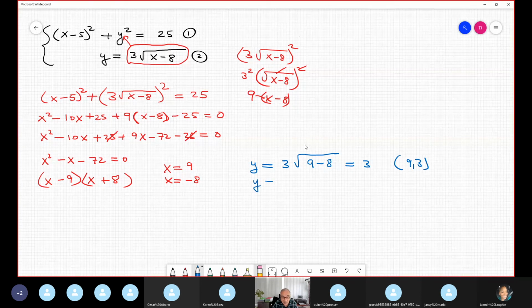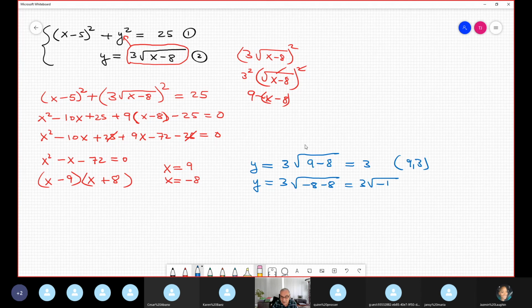And the second is y equals 3 times square root of negative 8 minus 8. Wow, but negative 8 minus 8 is negative 16, and the square root of negative 16 is not real. Therefore, that means that we have no solution, at least for this value.